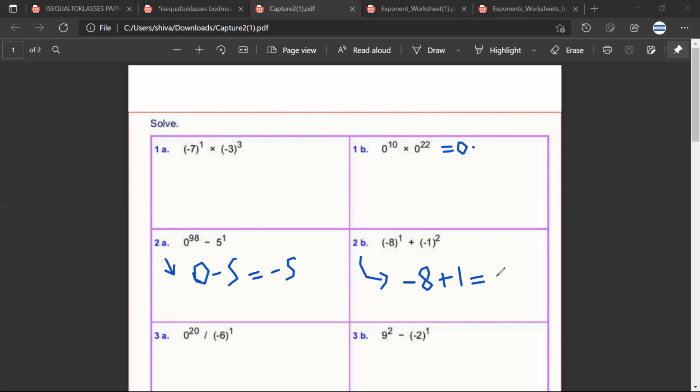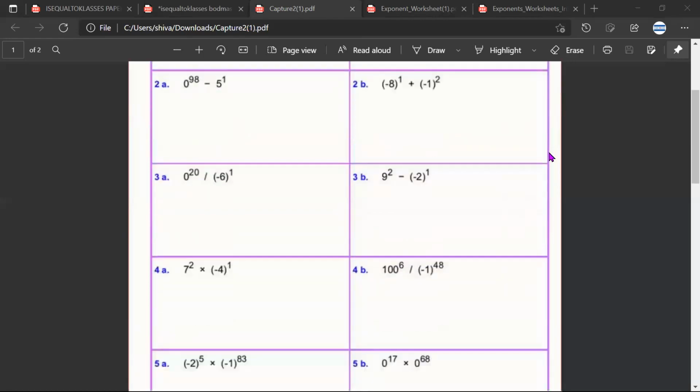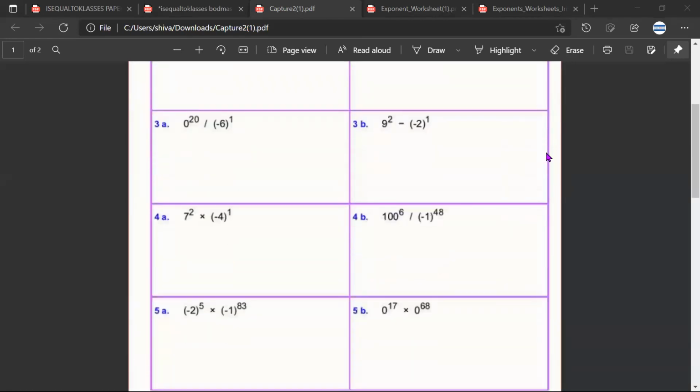So minus 7. Any doubt? No, sir. Third A, minus 0 divided by minus 6 would be equal to 0.